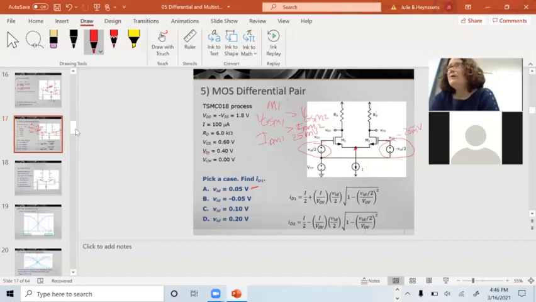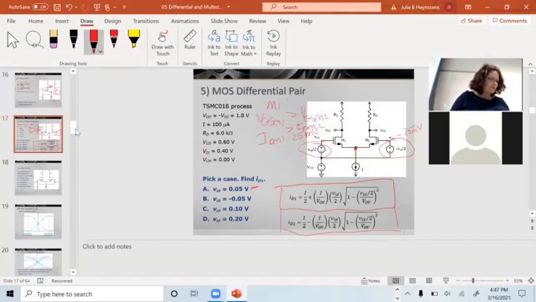As soon as I put a differential voltage across this thing, the current no longer splits evenly. And Sedra and Smith go through about 2 pages where they derive this, and they say, okay, this is going to be ID1 when I have a differential voltage, and this is going to be ID2. You get that equation, and that's derived in the textbook.